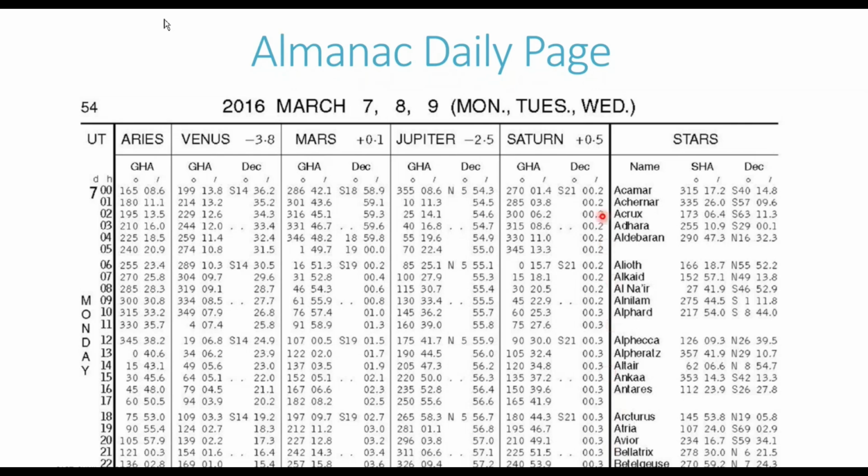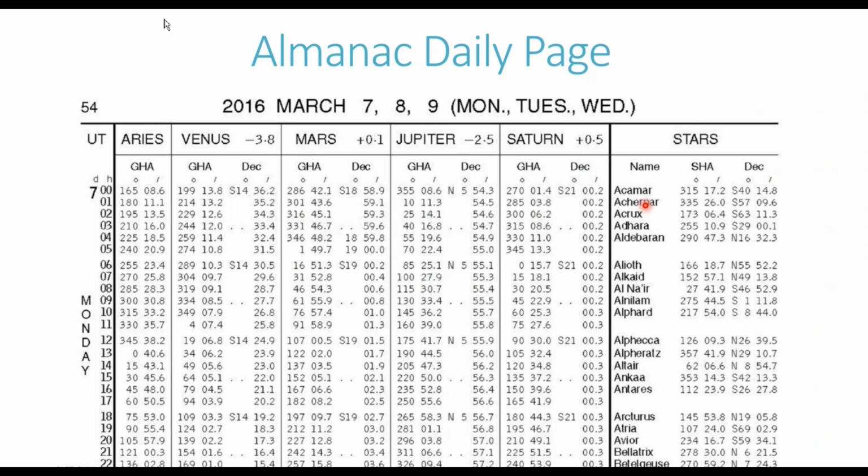This list is given in alphabetical order, and it gives you 57 selected stars. These are the 57 stars which are most often used for sight taking, and they are given here for quick accessibility. Whatever date page you open, you will be able to get the star data from here.